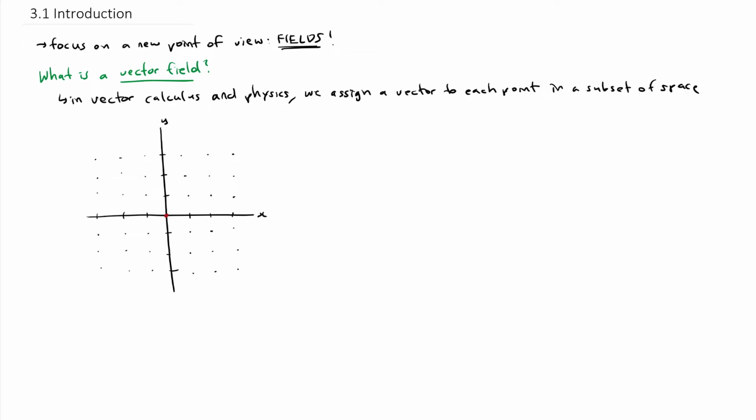For example, I'll take a look at this one at 1, 1, and maybe there's going to be a field strength in this direction at this point. If I take a look at the coordinate 0, 1, maybe there's a field vector pointing upwards towards the y-axis of the same magnitude.